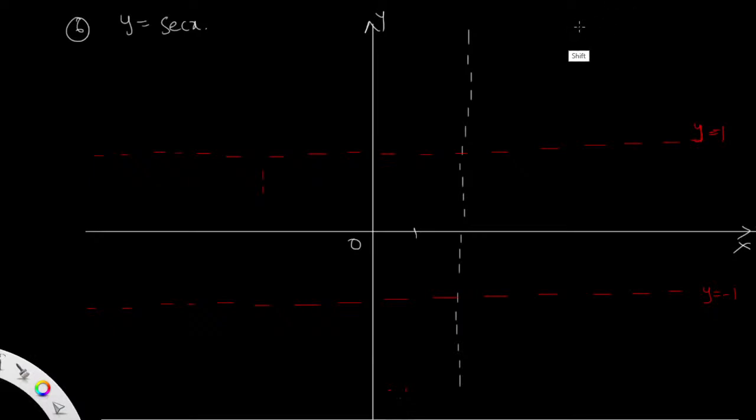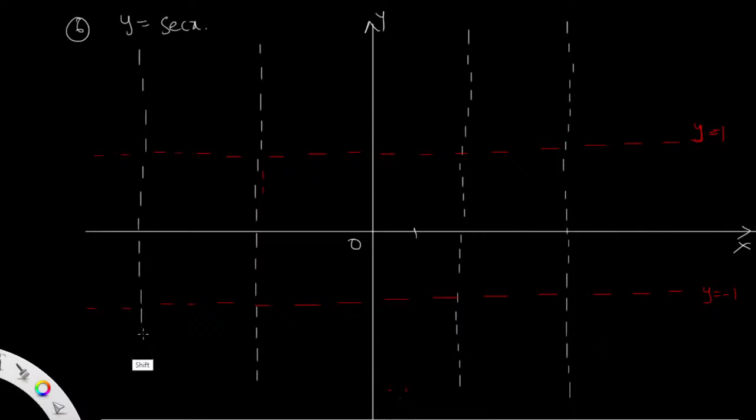And 3 pi by 2 also you can write. It is 1 and it is minus 1. Secant 0 is obviously 1.